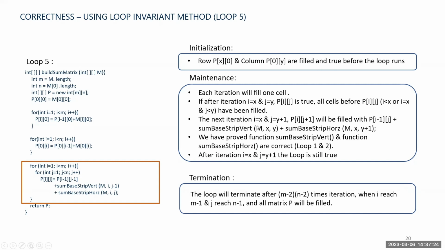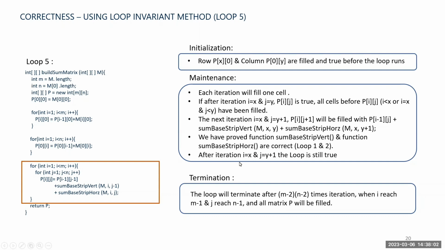Then in the next iteration, i equals x and j equals y plus 1, P[i][j plus 1] will be filled with P[i minus 1][j plus 1] plus sumBaseStripHorizontal(M, x, y plus 1) plus sumBaseStripVertical(M, x, y plus 1). We have proved the sum base strip horizontal and vertical functions are correct from loops 1 and 2.